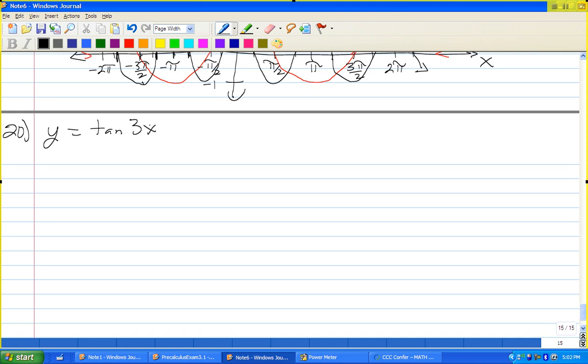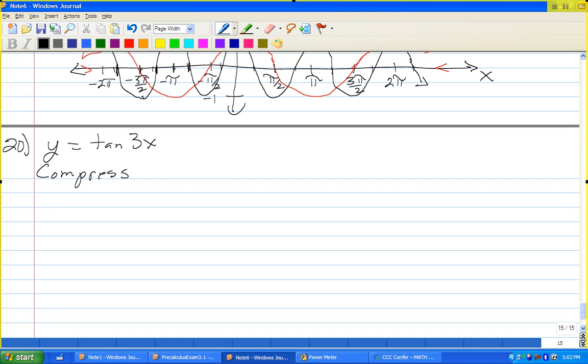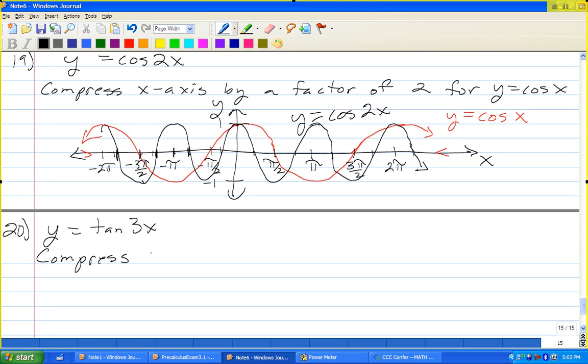Okay, so I'm going to compress my scale again. So compress, how do I say it, the x-axis by a factor of 3 for the graph of y equals tangent x.